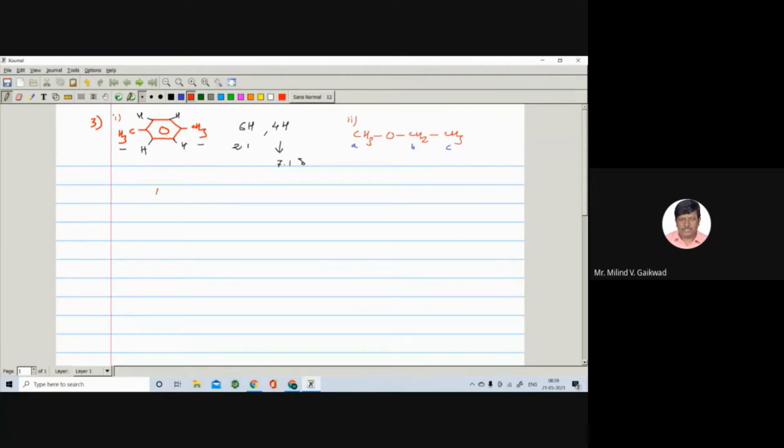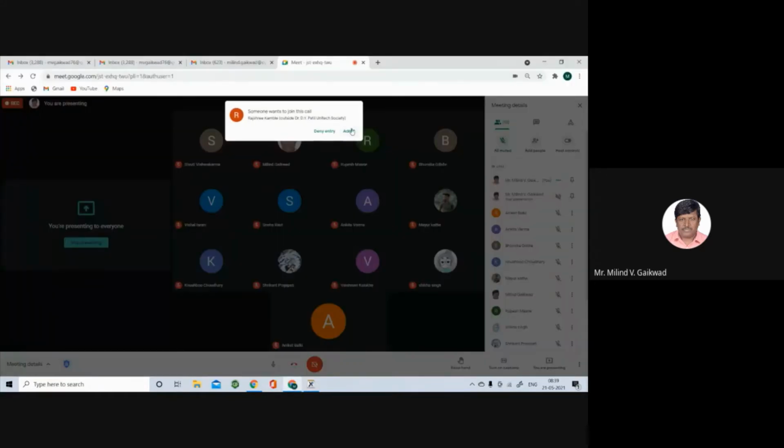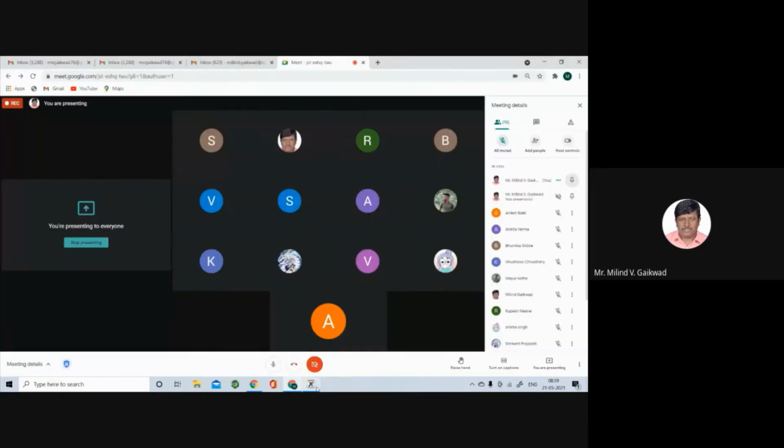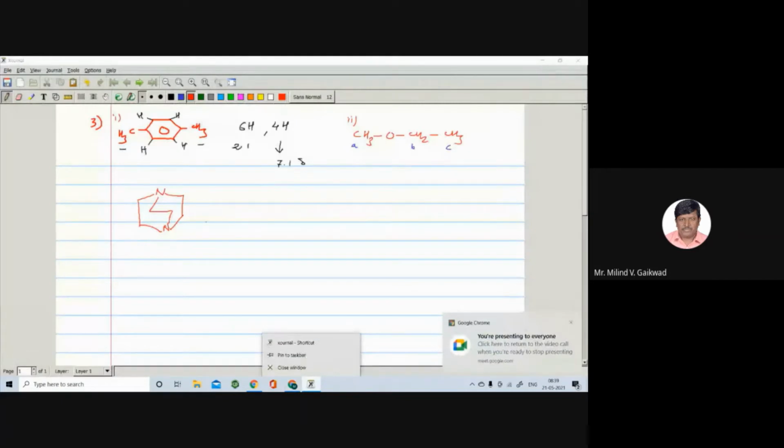All the examples you have taken already while learning. So this is your example, and here is your CH2. In this example, how many sets of protons are there?